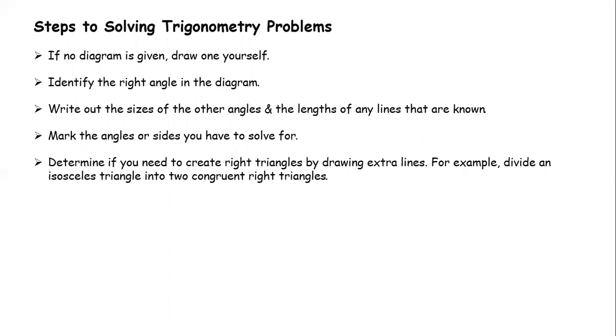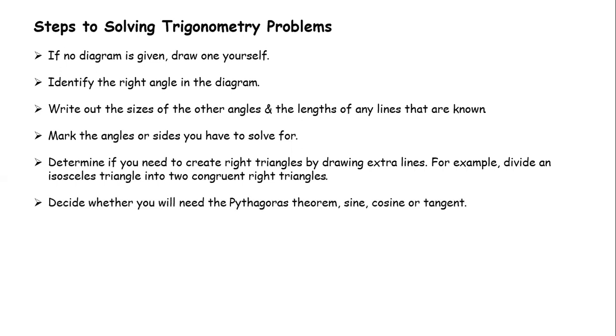But in most of the problems that we will be looking at, this may not be necessary. But I just want you to put it at the back of your mind that at times it may be necessary for you to do a little extra construction of a line so that you can have a right-angled triangle.